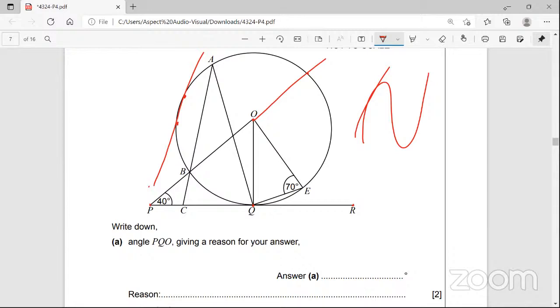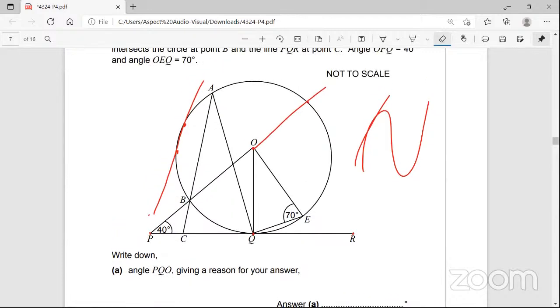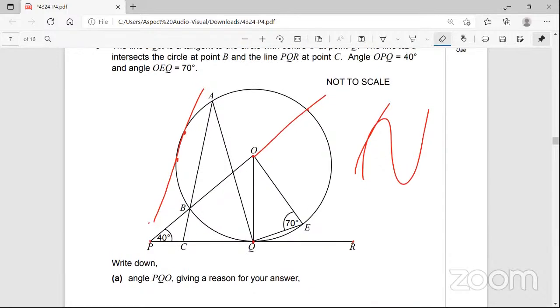Yes. Which one? Yeah. It's working. Oh, okay.